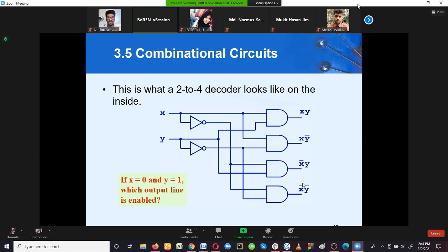All the combinations are unique because the number of inputs is 2, but the number of outputs is 4.